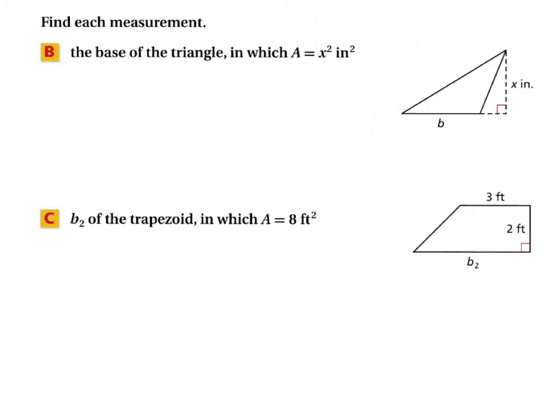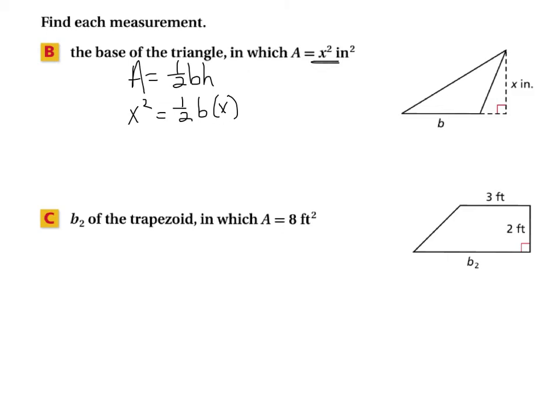We're going to skip example 2a and go right to 2b, just because 2a is easy, you already know how to do it. We want to find the base of the triangle when the area is x squared. Using our formula, 1/2 base times height, we first plug in the area as x squared, the base as b, and the height, which is x.